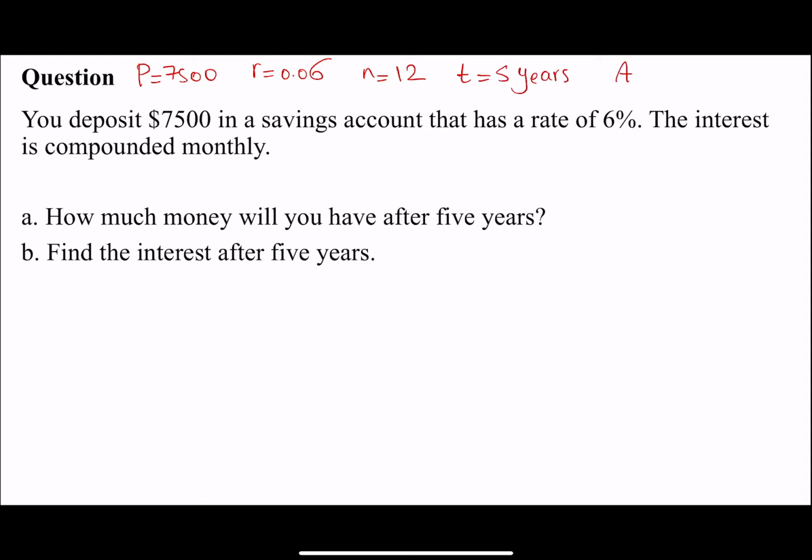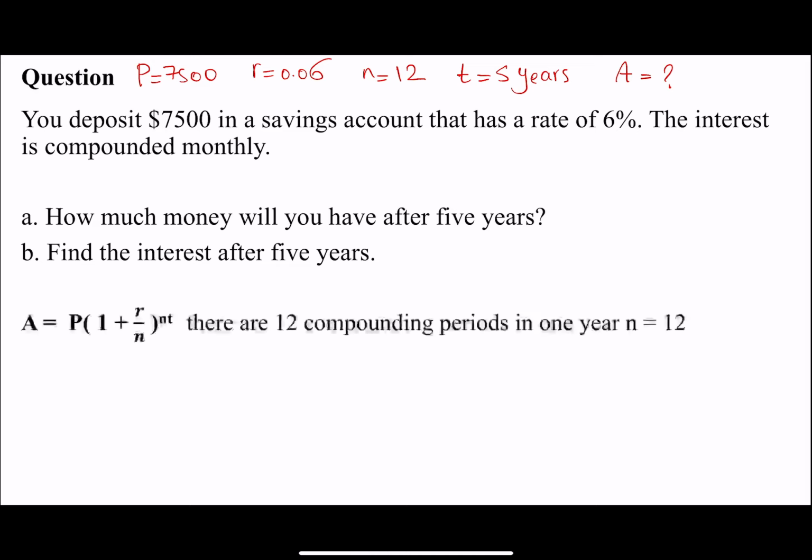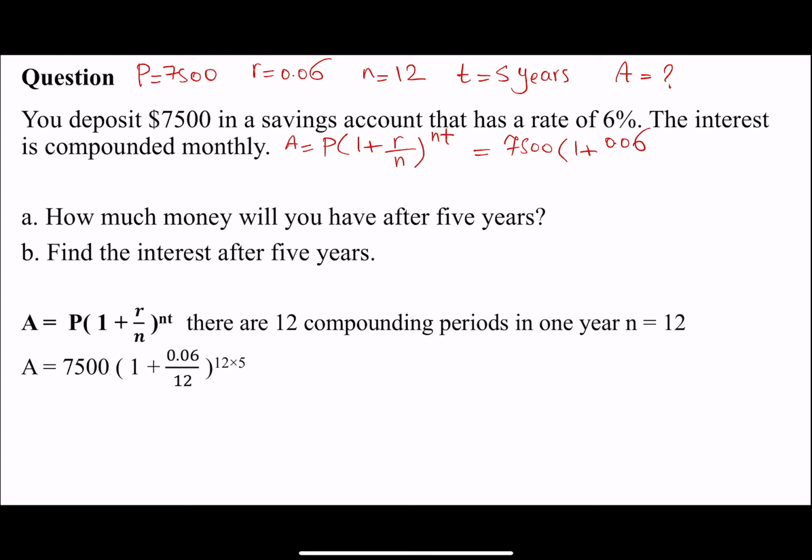That's your future value. We know that future value is principal times 1 plus R over n to the power of nt. So it's equal to P is 7,500 times 1 plus R is 0.06 over n, which is 12, to the power of 12 times 5.